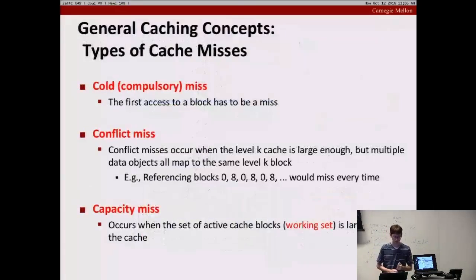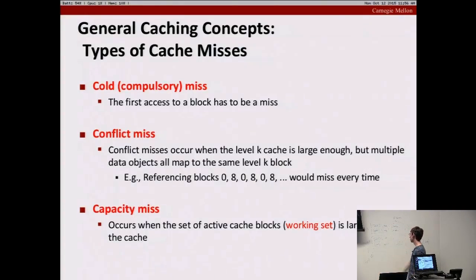Okay, so there's a couple different kinds of misses. We categorize the misses into different classes based on why the miss occurred. Initially, when we start our computer up, the caches are empty. They don't save anything over time. It's RAM that gets reset when you turn it off.